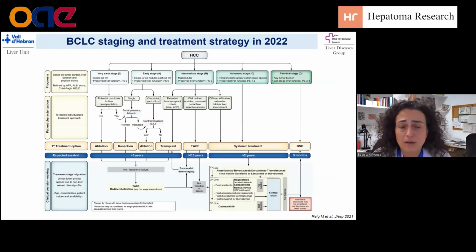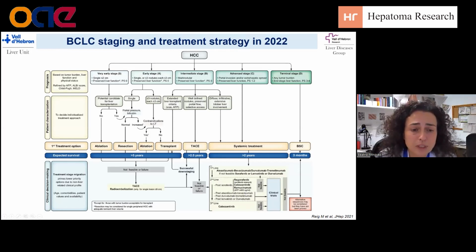We have 5 different stages of the disease based on liver function, tumor burden, and performance status of the patients, and every one of these stages is linked to a treatment of choice and also a prognostic estimation. But no biomarker is there so far, except for one of the systemic therapies, which is ramucirumab, linked to the presence of alpha-fetoprotein.